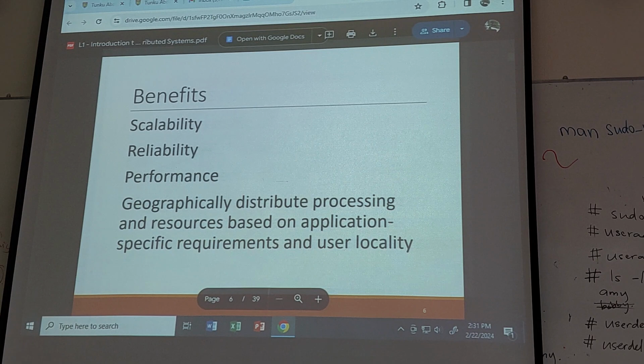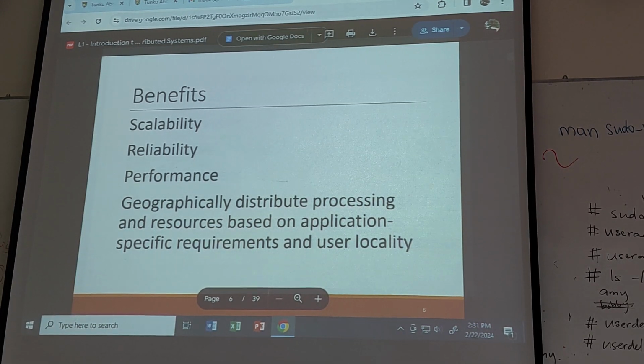But if you have a distributed system, the server is very close to us, only serving a few customers for each server, and you've got thousands or millions of servers doing the same thing, then you get performance enhancement.